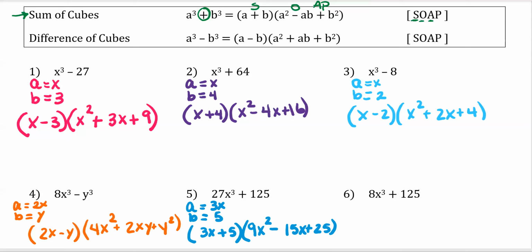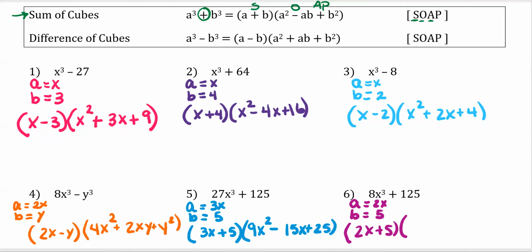And finally, number 6. 8x cubed is 2x times 2x times 2x. 125, we just did on number 5, is a perfect cube. 5 times 5 times 5. Our first factor, 2x plus 5.